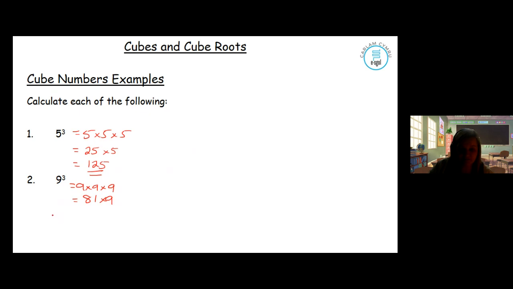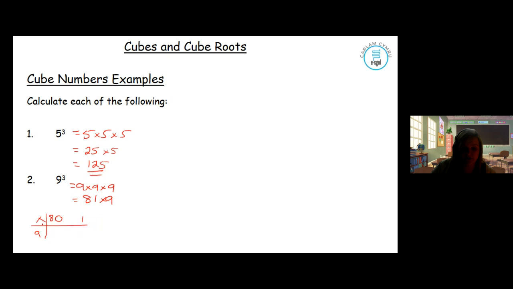But I would work this out as 81 would be split into 80 and 1, so into our tens and units. And then I would have 9 here, and I would create a little multiplication grid that I would then work through. So I'm going to work out 9 times 80. I'm going to think of 80 as 8 times 10.